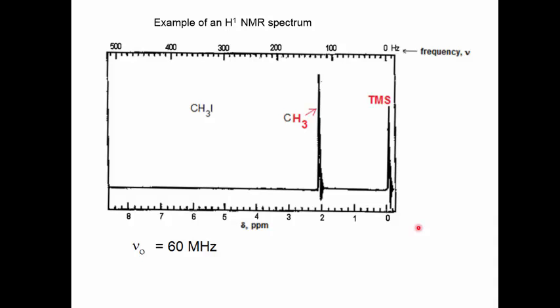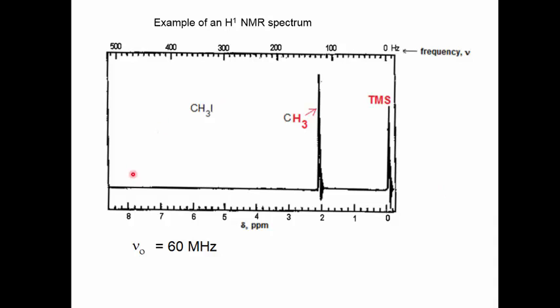Now procedurally, when an NMR spectrum is generated for a sample, the TMS signal is located and always set to 0 frequency, as well as to 0 delta, 0 ppm. Now, this is done either manually or by computer.